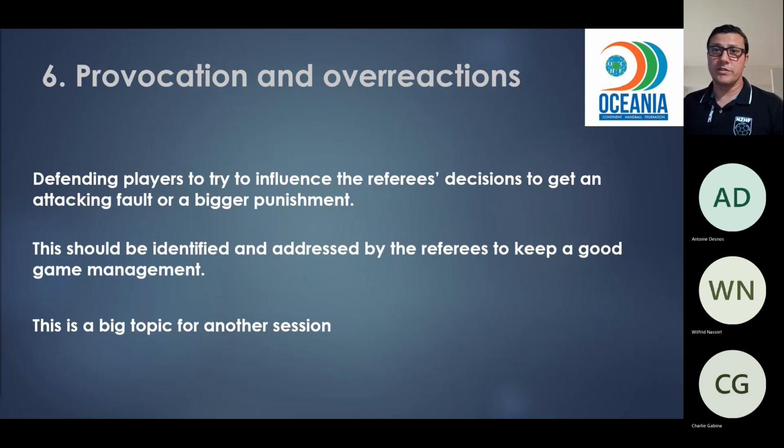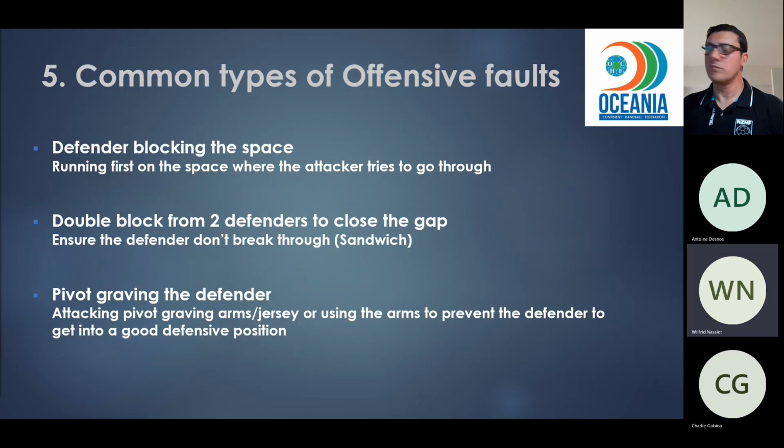One of the last points. Can I add another fault very often made by the pivot? I don't know how to say it in English. Sorry. Maybe Antoine, you can translate. Le pivot qui va prendre un avantage dans la zone pour contourner un défenseur.